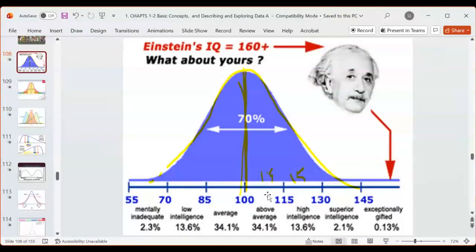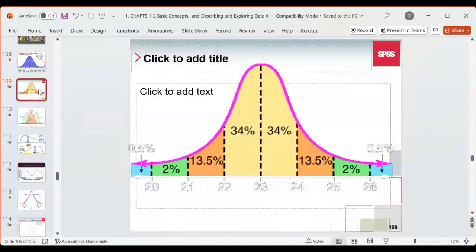One standard deviation of 15 points above or below is still average. It's still high average or low average. So back to this, you'll see that the majority of people are average. And then you have high average, extremely high, low average, and extremely low.